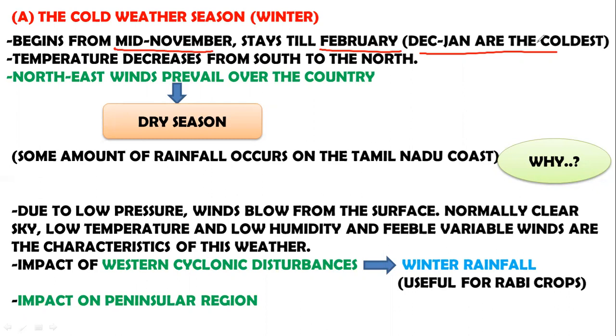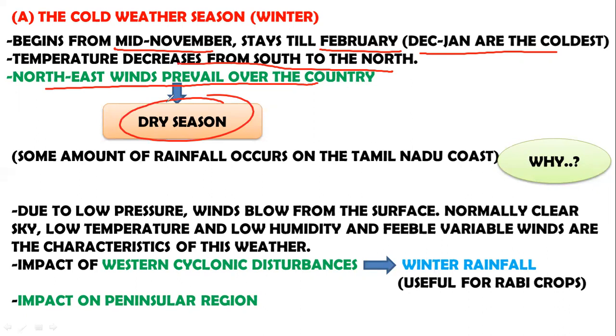Temperature decreases from south to the north because northern areas of India are basically landlocked areas and fall in the interior, so temperature is much lower in the northern part as compared to the southern part, and northeast winds prevail over the entire country, which makes it a dry season.